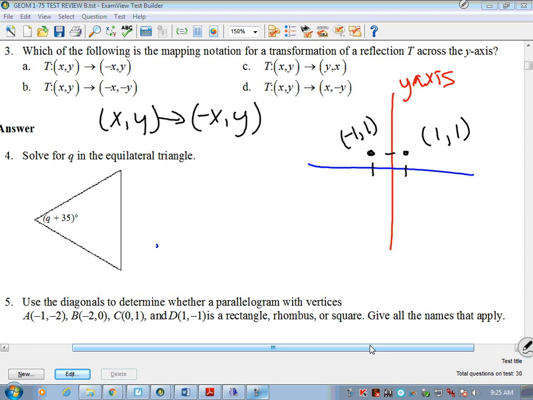Now, if the question was reflected across the x-axis, then I would wind up down here at 1, negative 1. You would see that the x stays the same, but the y changes. So we should see our answer here as what? A. Does that make sense? Do we understand what kind of work would work to get credit for that question?